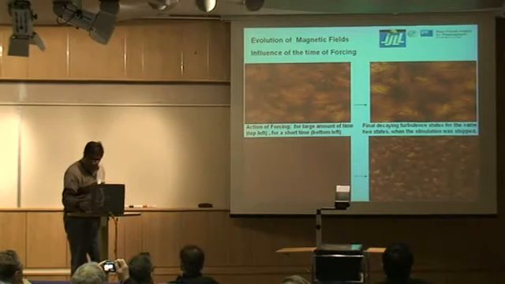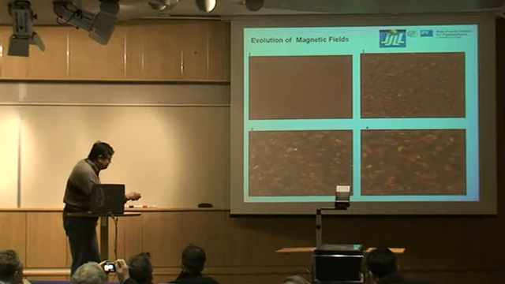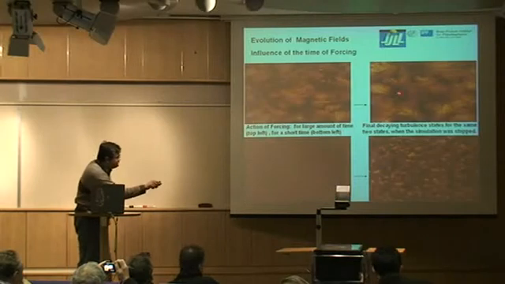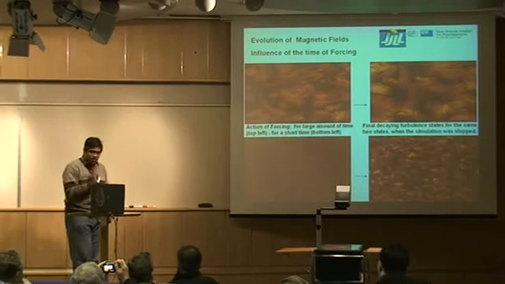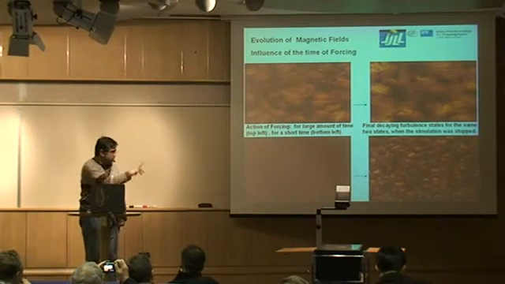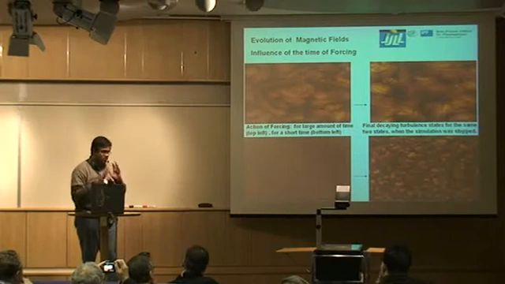And if you can see here, the number of reconnection regions in this particular view graph is far larger, whereas in this particular view graph, they are few. So there is one more important point I wanted to make. The point is that reconnection and inverse cascade appear to have some relation, which I am not yet clear about.